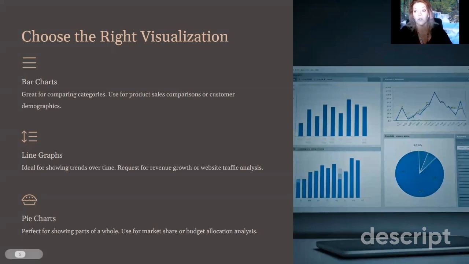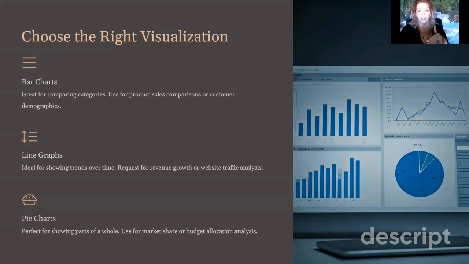Next, you want to choose the right visualization type for what you're trying to show. On this slide, we have just a couple of examples. I do have a longer list. It's a lot more detailed, and it has the different types of charts that you could use and the reasons for using those various chart types.